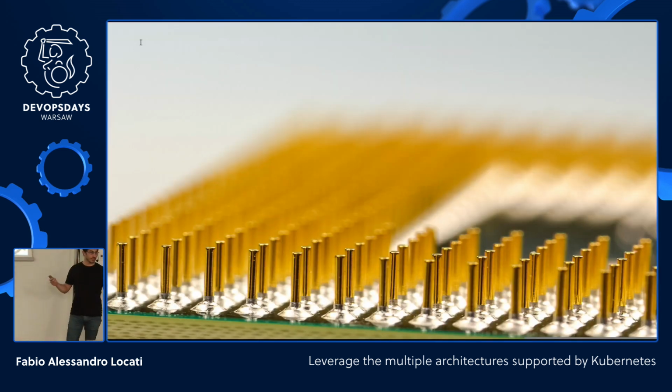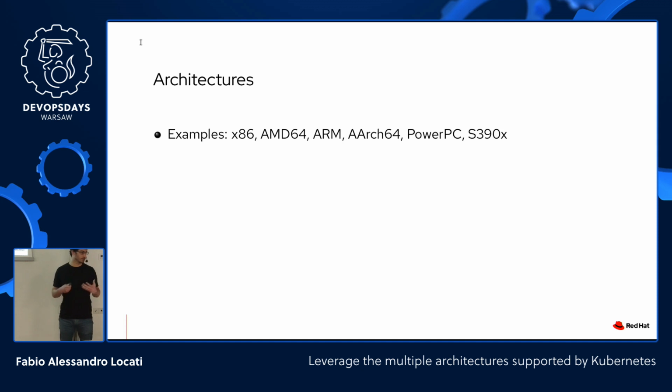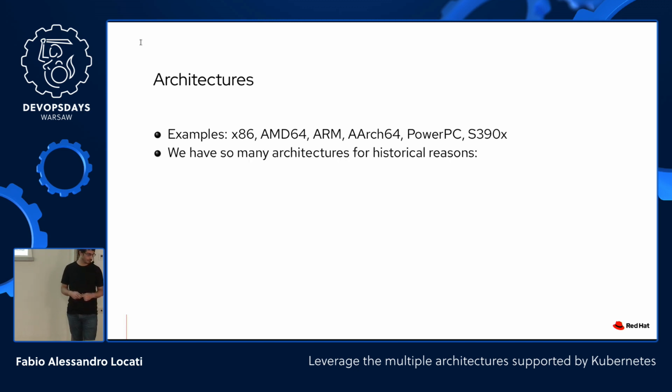So, Kubernetes and architectures. We are talking about CPU architectures, and we have a bunch of those for many reasons. Some examples of very common architectures are x86, ARM, ARM64, Arch 64, PPC, and S390X. All those are supported by Kubernetes.